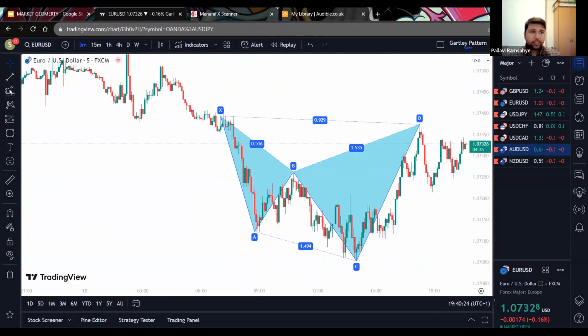I want everybody to sort of interact with the pattern now. So what are we looking for to start off with? And then where am I placing my Fibonacci tool? If anybody could pop that in the chat, that'd be great.